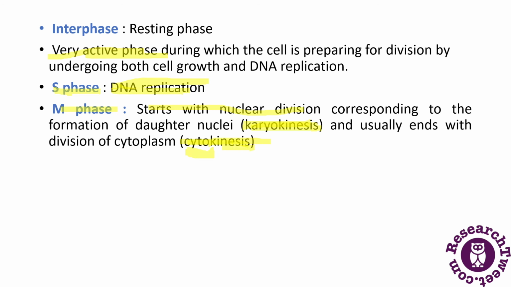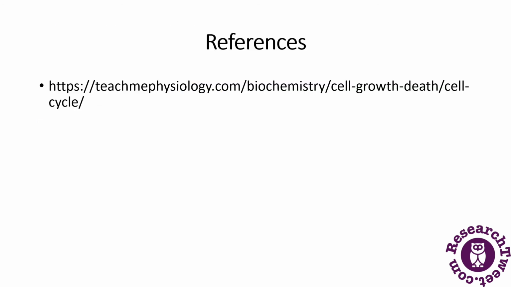So M phase starts with the nuclear division, the formation of the daughter nuclei, called karyokinesis, and usually ends with the division of the cytoplasm, also called cytokinesis.